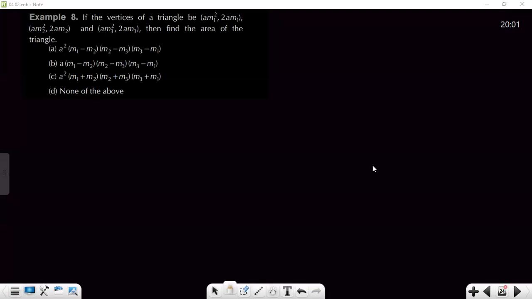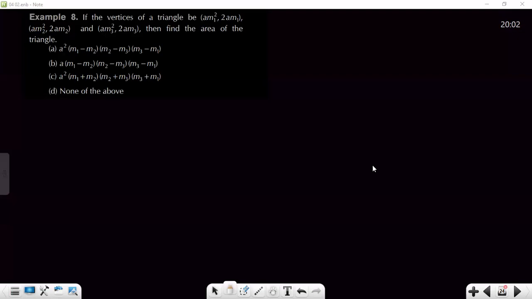Then find the area of the triangle. There are some options. One way is to assume values for m1, m2, m3 and a, so that all the options give different values. The other method is to just solve using our conventional method.